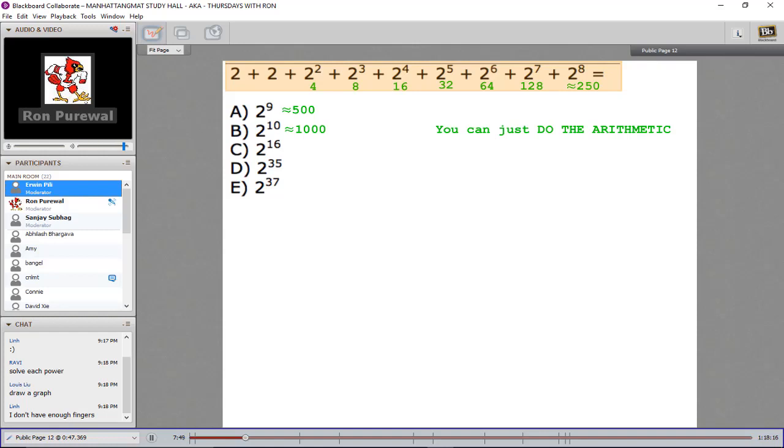These numbers aren't that big. 2 to the 16th is going to be 1,000 times 2 six more times, so that's going to be between 50 and 100,000. So if you just do these approximate numerical values, it becomes really obvious that C, D, and E are way too big. There's no point in even trying to estimate these. Give me a smiley face if that makes sense.